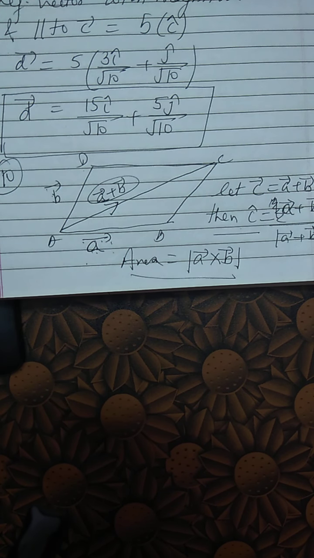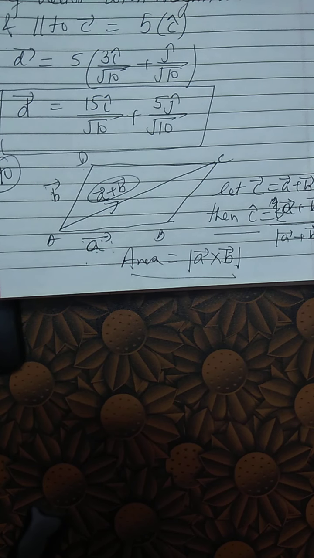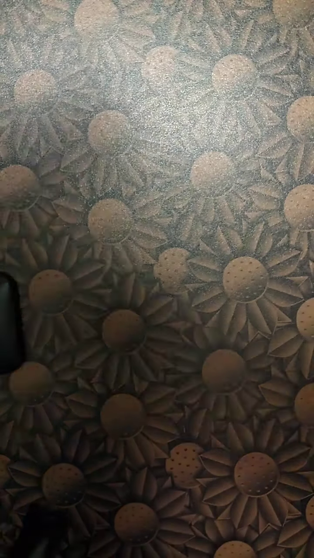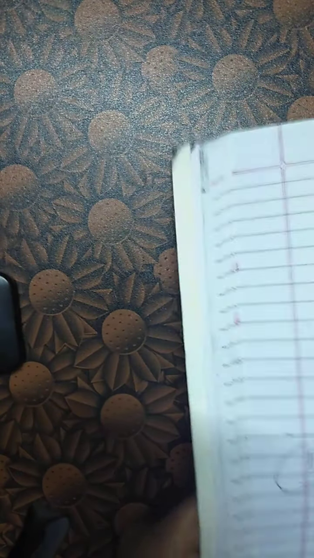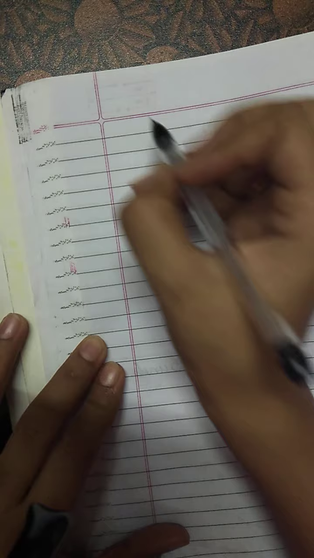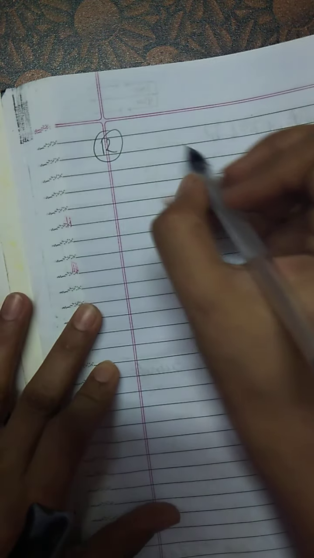Sum number 11: show that the direction cosines of a vector equally inclined to the axes of x, y, z are these. Now equally inclined means the vector, let it be OP vector, is making the same angle with the x axis, y axis and z axis. So it is given that OP vector is making the angles alpha, alpha, alpha with the x axis, y axis and z axis.